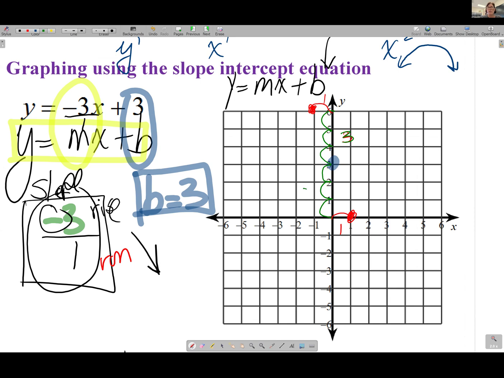What matters is the final resulting line tilts downward from left to right. Which way you count it, up or down, does not matter. What does matter is that the resulting line is going to tilt downward from left to right.